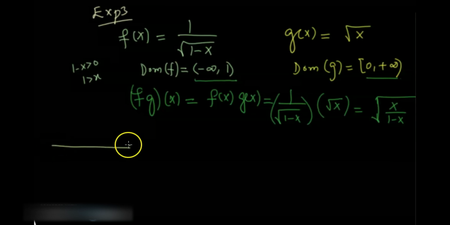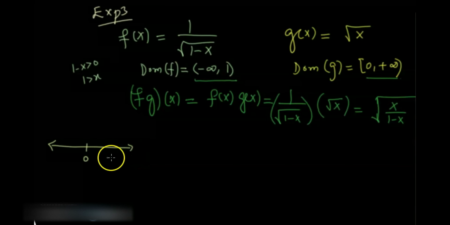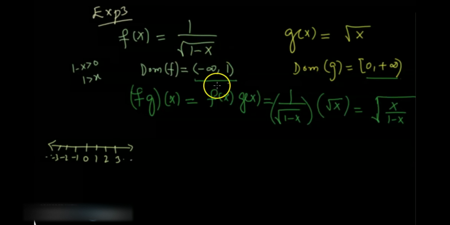Okay, first let me define the real number line, which is from 0, to this side we have positive numbers, and this side we have negative numbers. So let's say here we have got 1, here we have got 2, 3, and so on, minus 1, maybe minus 2, minus 3, and so on. So what is this set? It's 1 and less than 1.